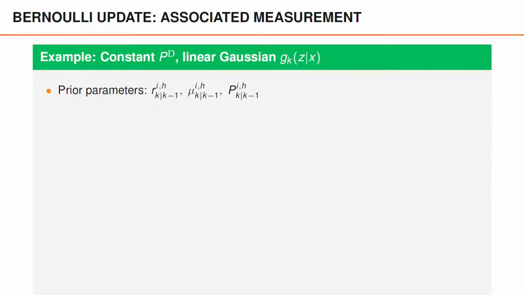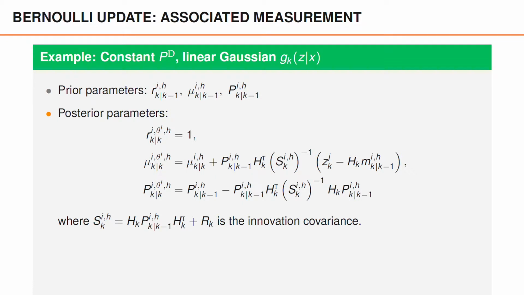Let's take an example with a constant probability of detection and a linear and Gaussian measurement model G. Assuming that we have Gaussian Bernoulli state densities, the prior parameters are the probability of existence R, the Gaussian mean mu, and the Gaussian covariance P. The posterior probability of existence is 1, like we just saw, and the posterior mean and covariance are given by the Kalman filter update.